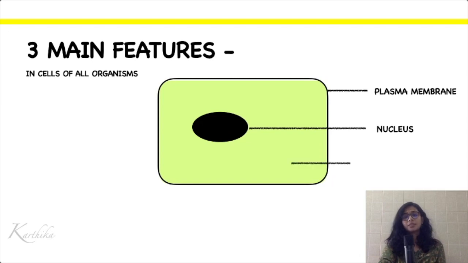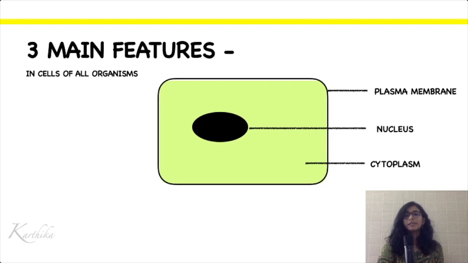Now this cytoplasm contains a fluid matrix. It's filled with a fluid, also called cytoplasmic fluid, and it houses other cell organelles. We'll get into that as we progress further in our chapter. But for now, these are the 3 main features that you will see in all cells.